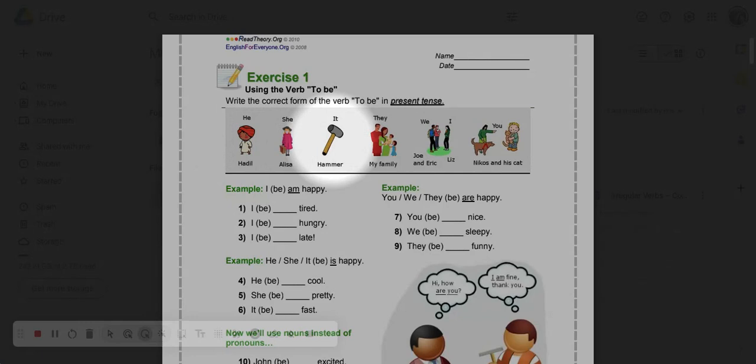I know that in most Romance languages they do, and that spelling is affected by the gender, but that is not the case with inanimate, meaning objects that are not animals or people. They, my family, we, Joe and Eric, I, Liz, you, Nikos and his cat.